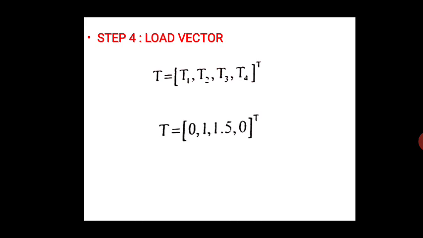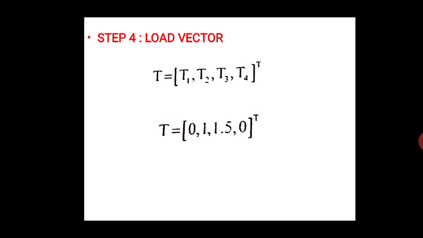Since there is no torque applied at node 1 and node 4, we will consider them as 0. There is a torque at node 2 of 1 kilonewton meter, and at node 3 of 1.5 kilonewton meter. This is the load vector.